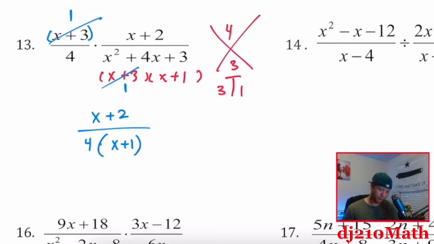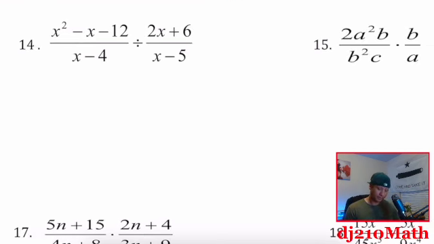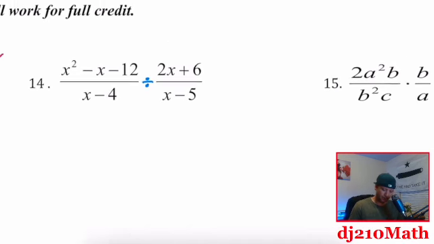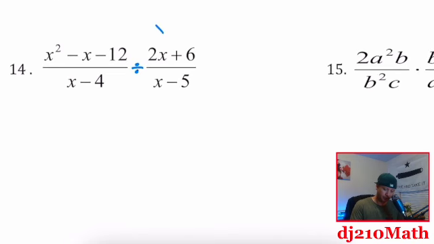Let's do 14. So here we have division. So anytime we have division, we say keep, change, flip, right? Flip the second one. You always flip the one to the right. So this is going to be x minus 5, 2x plus 6.